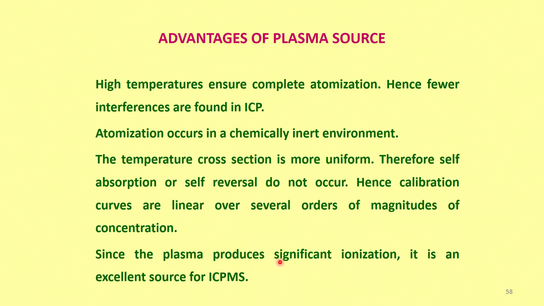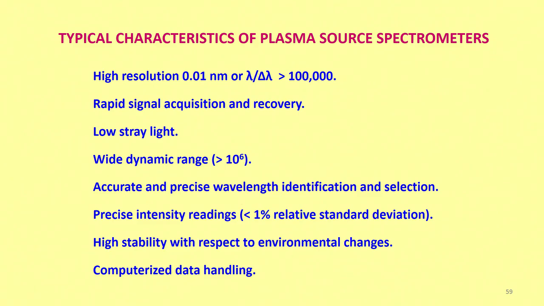Since the plasma produces significant ionization, it is an excellent source for ICP MS also. So, typical characteristics of plasma source spectrometers are that the resolution for the wavelength is 0.01 nanometer, or the lambda to delta lambda ratio should be more than 100,000, and computer is there, then things are automatic.